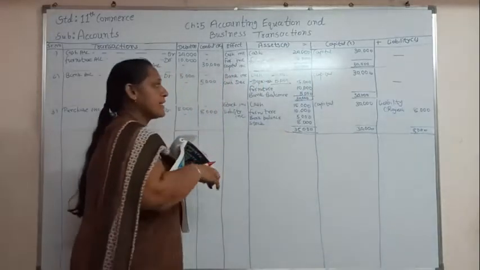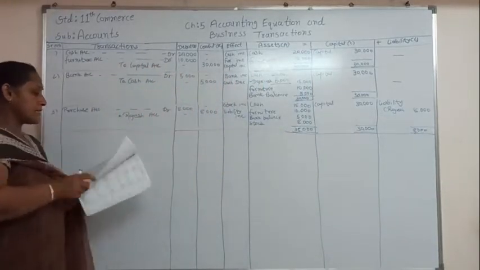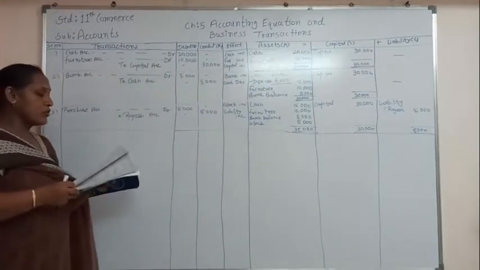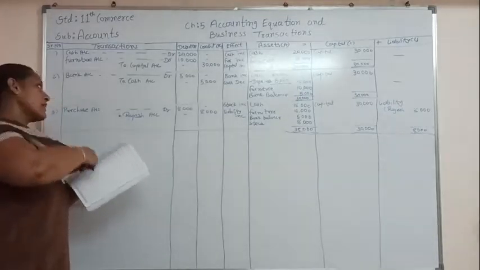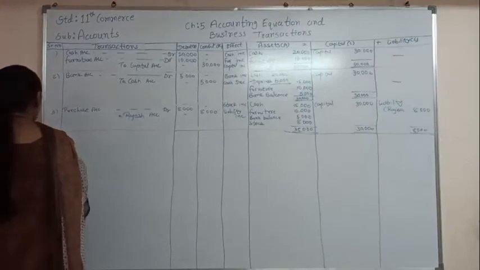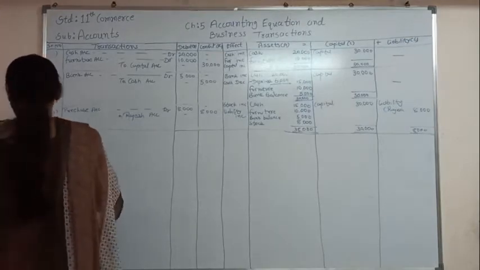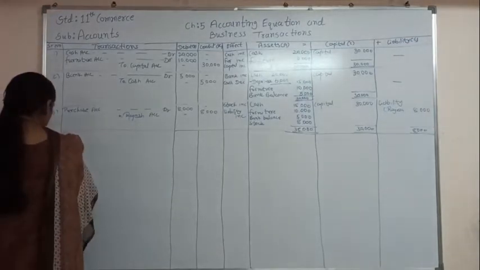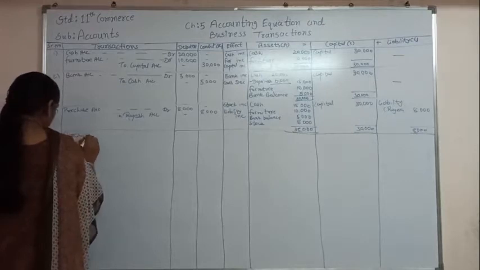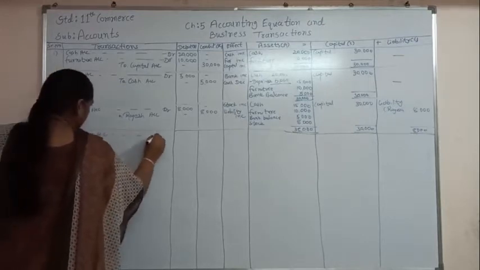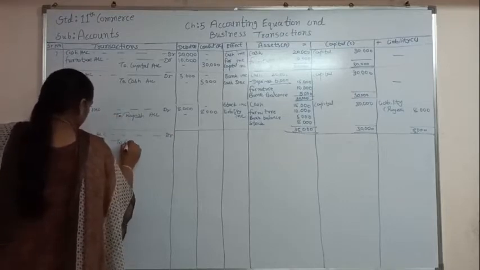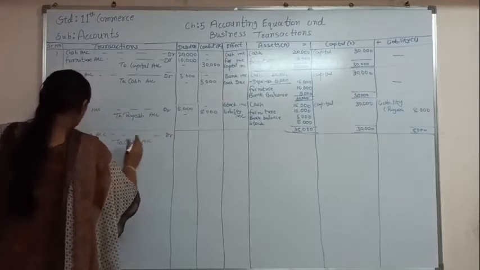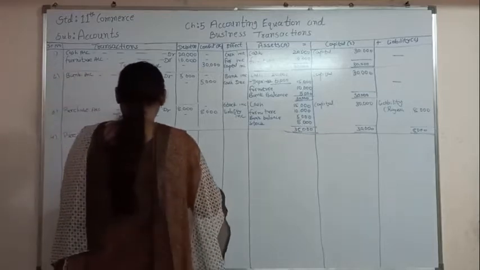So now let's see the next transaction, and next transaction is goods of rupees 6,000 purchase for cash. So here purchase account debit to cash, that journal entry we are going to pass. And it is of rupees 6,000.